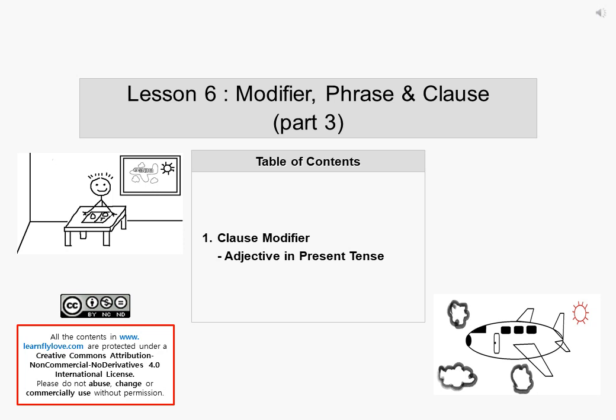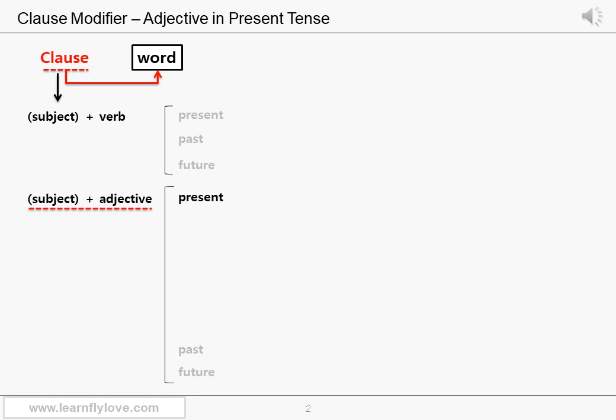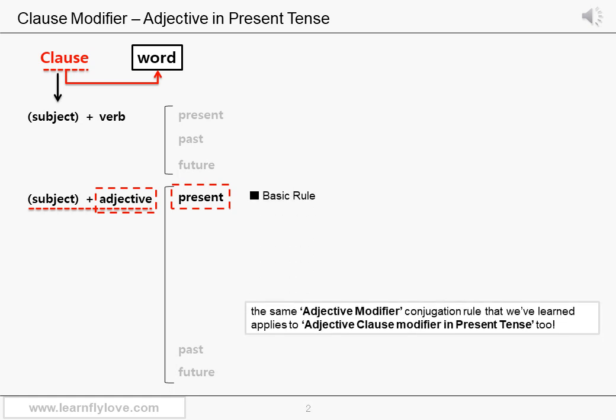You're going to learn how to make adjective clause modifier in the present tense in this video. Let's go. Let's learn about the clause modifier, which has an adjective in the present tense as a predicate. There's nothing new because the adjective modifier conjugation rule that we learned applies to adjective clause modifier in present simple tense too.